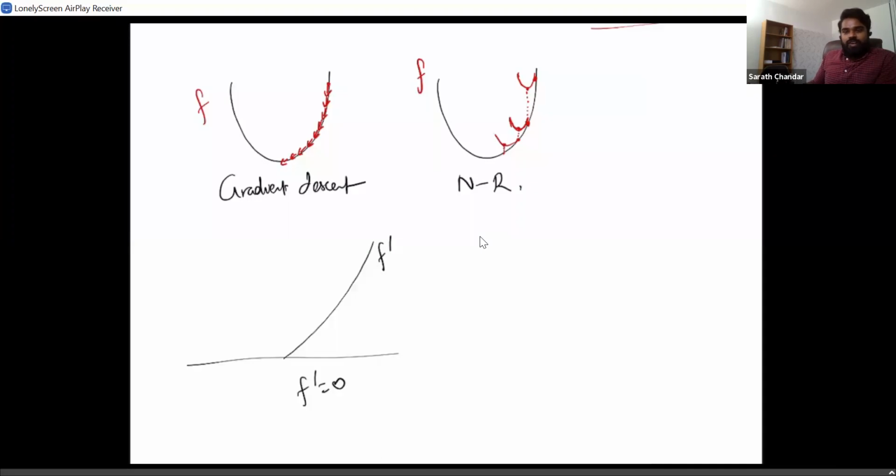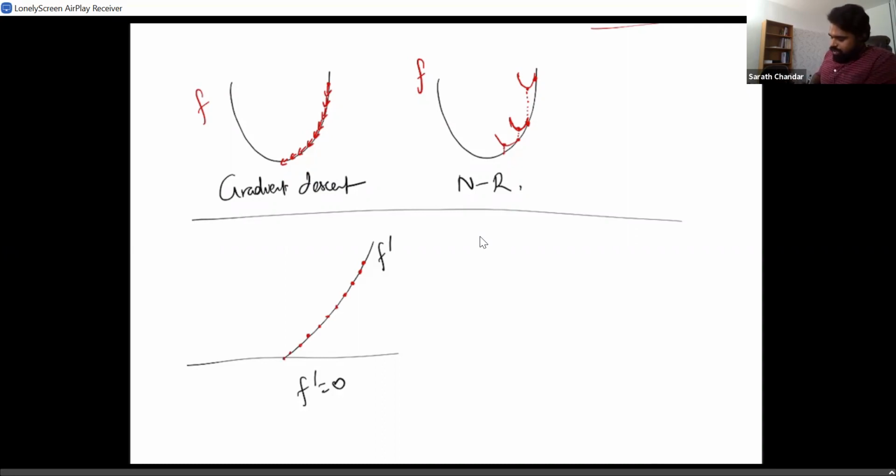We are not in the function space, we are in the gradient space. This is a different type of view. In the gradient space, gradient descent takes one step at a time until it reaches the place where f dash is equal to 0.